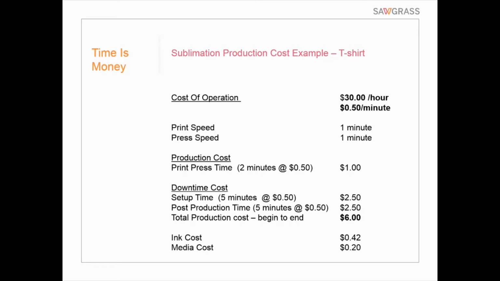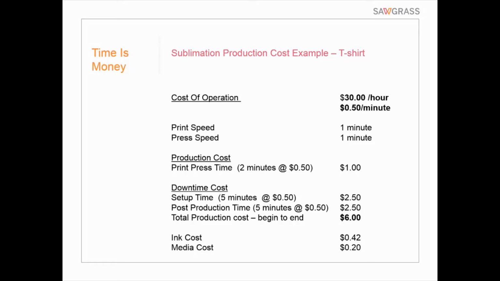And let's say that took 5 minutes. Okay, that was also at 50 cents a minute, and that totaled out to now $6. It cost me $6 to make this. It cost me $1 in production time, but it cost me $6 with all that downtime.